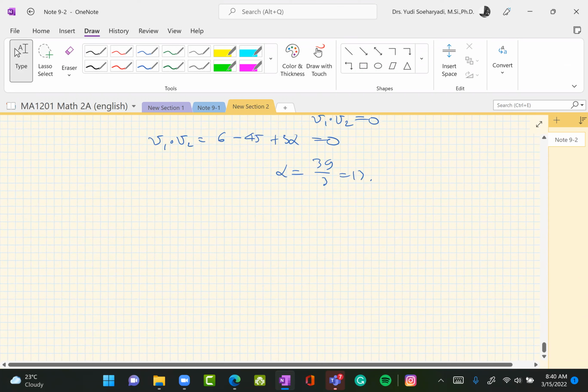Now we have another operation, what we call a cross product.